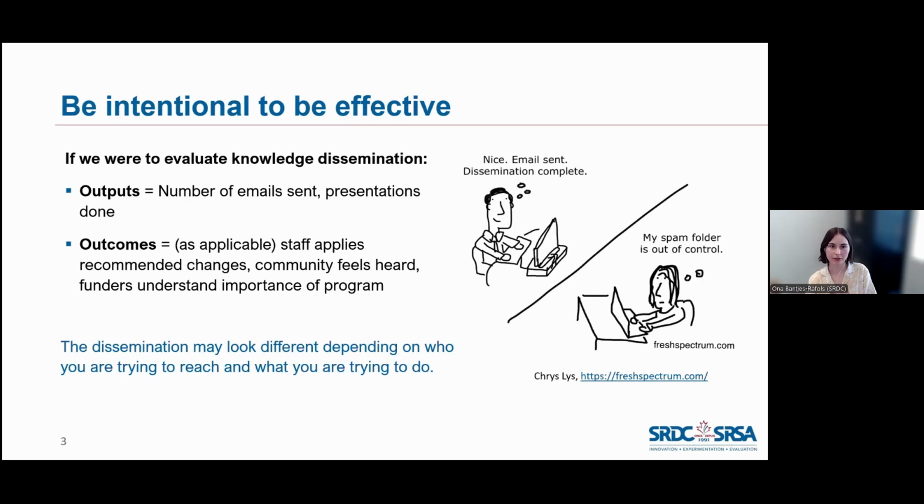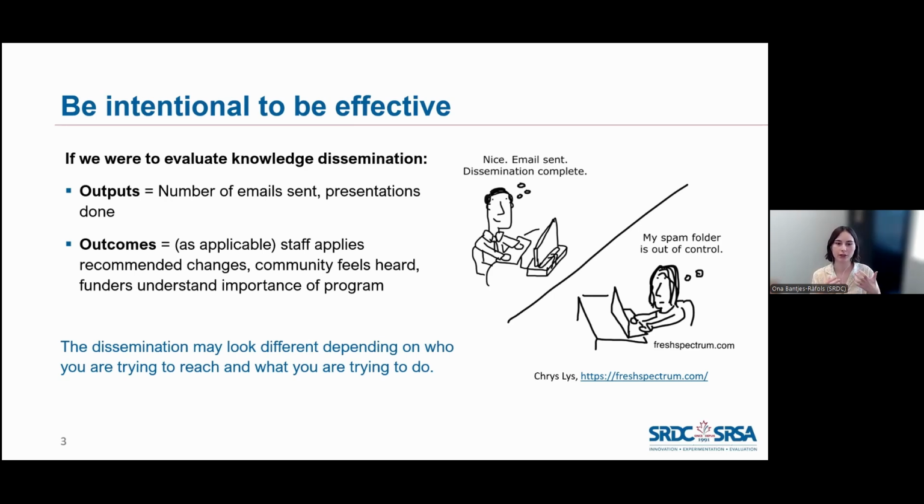In order to have an effective dissemination strategy, you need to be really intentional. For those who attended our last webinar, you'll remember we talked about the differences between outputs and outcomes. If you missed that webinar, there's a recording link that will be shared in the chat in case you're interested. So let's pretend we were conducting an evaluation of someone's knowledge dissemination strategy. If you're going to measure the outputs, you might be tracking the number of emails sent or the presentations done.